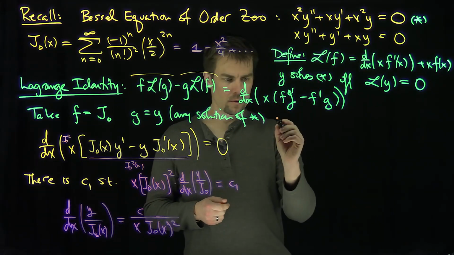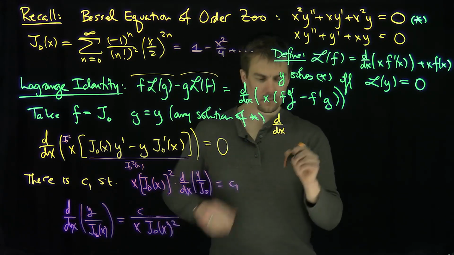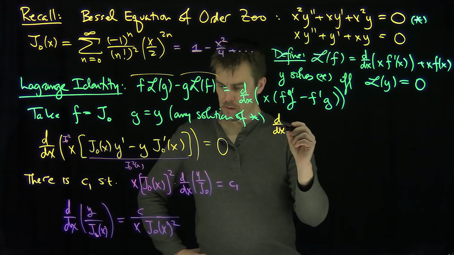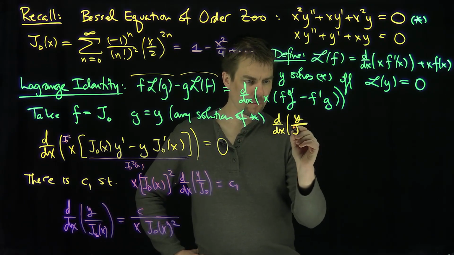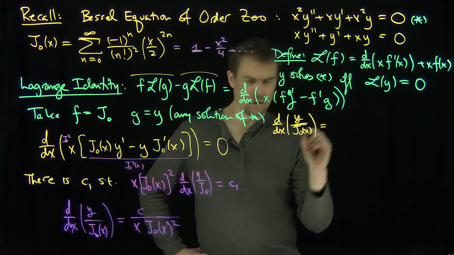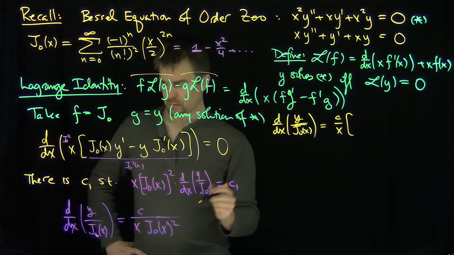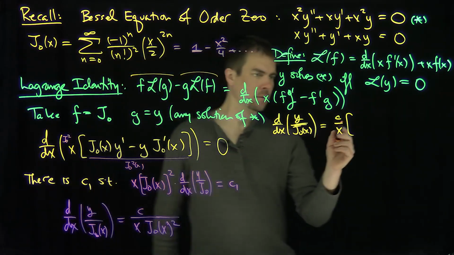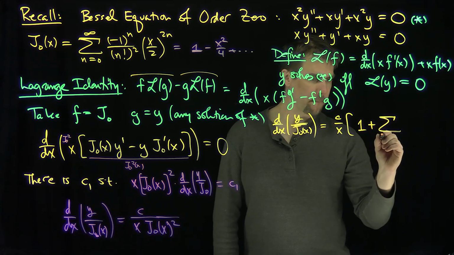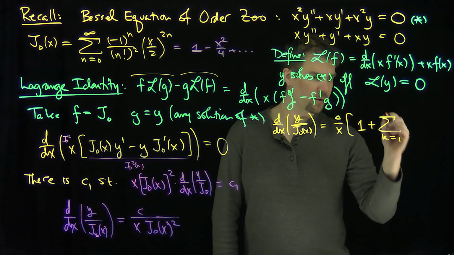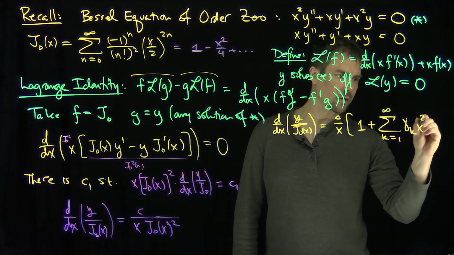now, note, therefore, that d by dx of y over J0 of x is equal to c over x, and then 1 over 1 plus the sum, let's say k goes from 1 to infinity of some coefficients, let's call them gamma k x to the 2k.